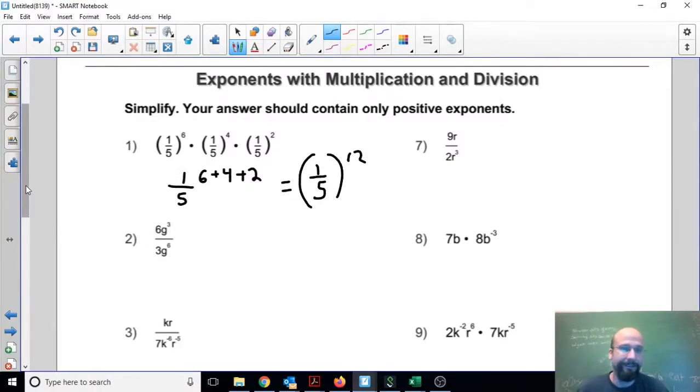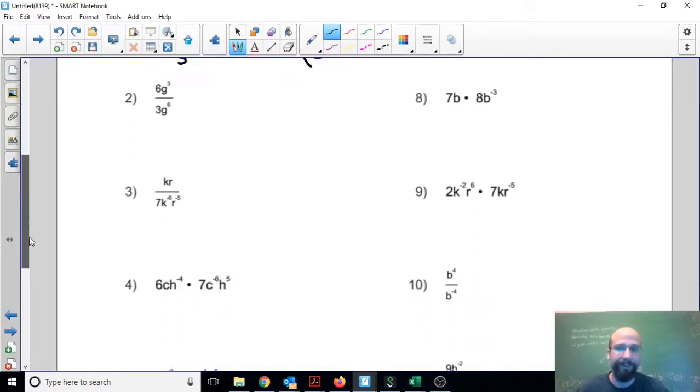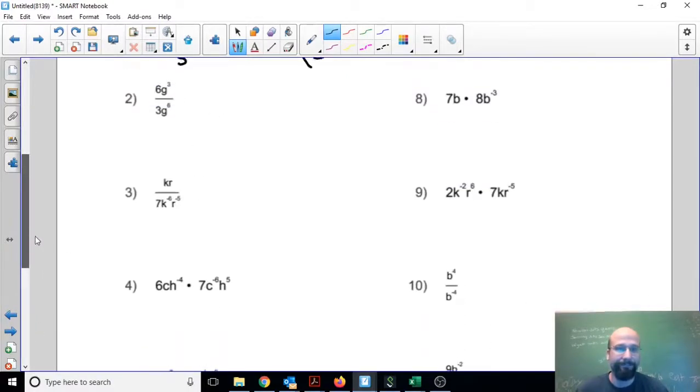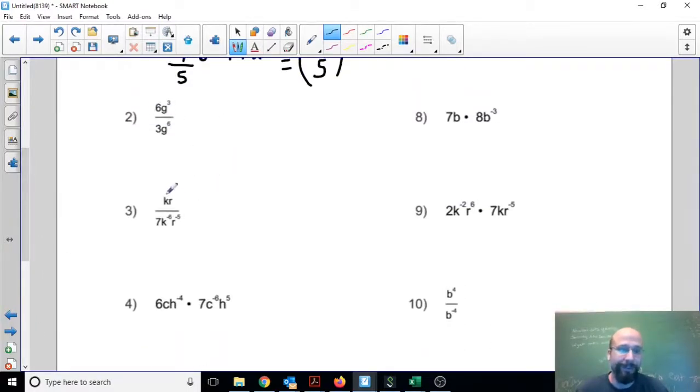All right, let's do these since they have some negative numbers. Let's do number 3 and number 9. Number 3, the coefficients 1 and a 7. There are just numbers that don't have exponents, so that's just going to stay there. 1/7, right? Imaginary 1 here. And then you're going to have k, 1 minus negative 6.